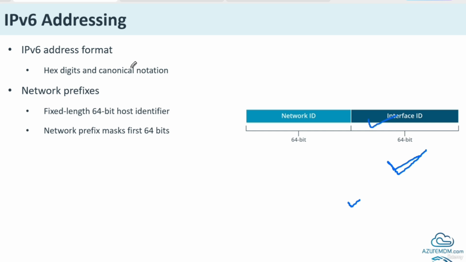Network prefix: the first 64 bits identify the network, like a neighborhood. The 64-bit host identifier, the last 64 bits, uniquely identifies a device, like a house number. Network prefix mask, first 64 bits. It is the /64 subnet, meaning the first half is the network portion.